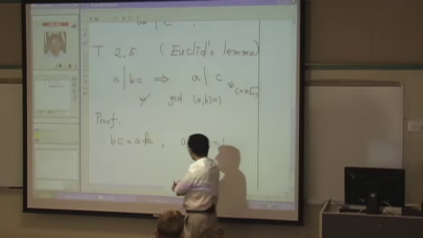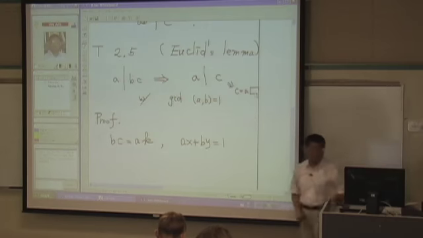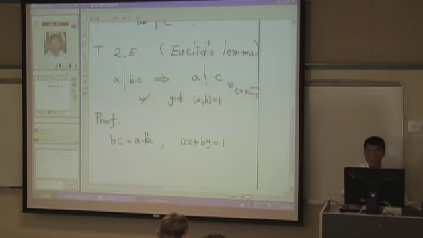So let's not underload, let's overload. To do it, I want to write these things using the representation C equals C times 1, right? And then 1 equals, I overload, right?